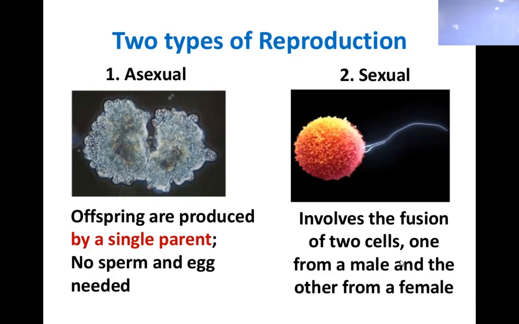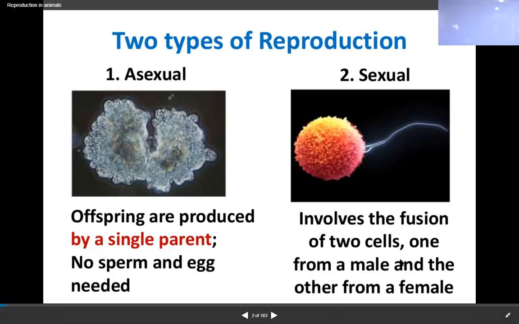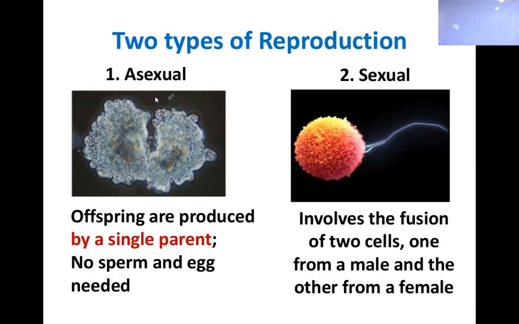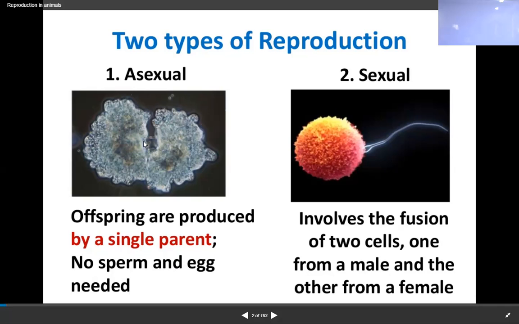Variations किसमें मिलते हैं, फिर वो evolution में कैसे काम आते हैं, everything we have discussed. So asexual offsprings are produced by a single parent, no sperm, no egg needed. That means only single parent is involved. Here genetic stability is maintained. Why? Because there is formation of new individual of its own kind.